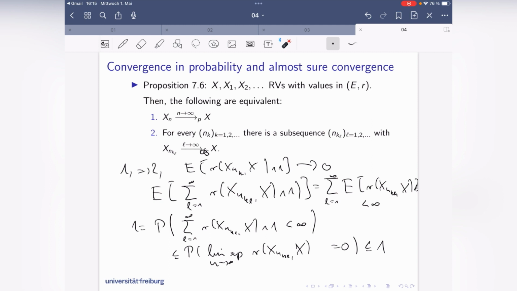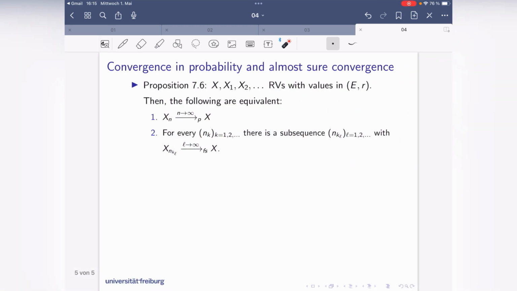So I have 1 smaller or equal to 1, which means all things in this inequality chain have to be 1. In particular, this here has to be 1. And this here is the almost sure convergence of X_{n_k_l} to X. Okay, so that was the first direction.